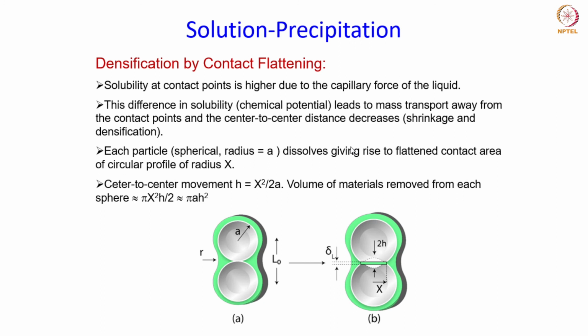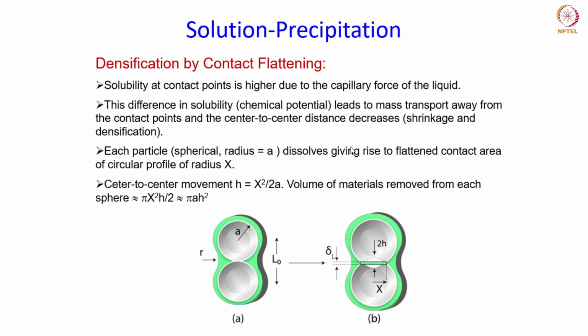So let us take a moment to summarize this lecture. So to summarize, we can say that there are two modes of densification during the solution precipitation stage. One is by contact flattening and the other one is by Ostwald ripening.